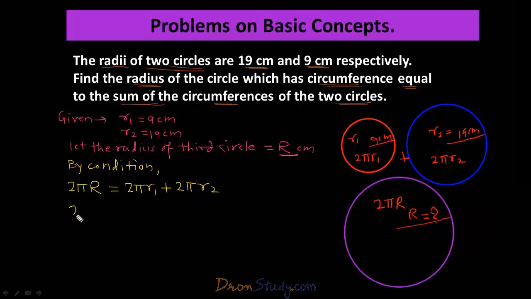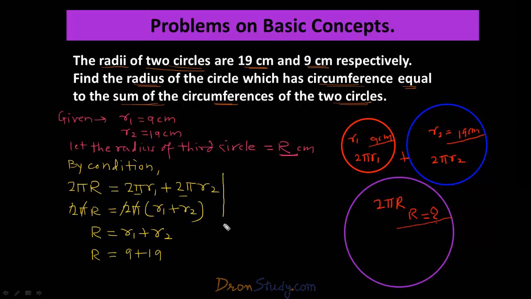So 2 pi r is equal to, here 2 pi is a common factor, so take it out as a common factor. Inside the bracket it will be r1 plus r2. So here 2 will get cancelled, pi will get cancelled, and it will be r is equal to r1 plus r2. Now r1 and r2 are given as 9 centimeter and 19 centimeter. Therefore r is equal to 9 plus 19.